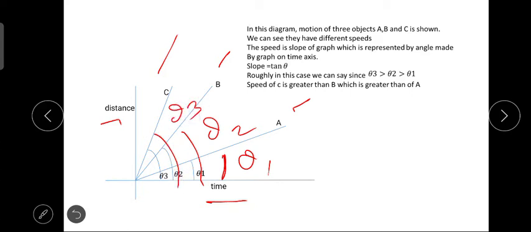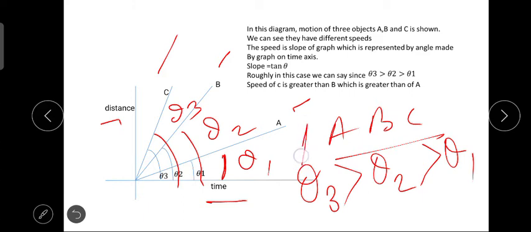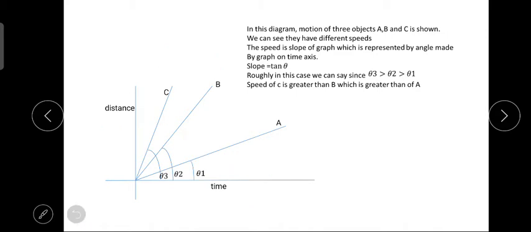These three graphs a, b and c will have different slopes, but as we know, theta 3 is greater than theta 2, which is greater than theta 1. That means the slope of graph c is much greater than the slope of graph b, which is greater than the slope of graph a. So in conclusion we say that the speed of c is greater than b, which is greater than a.